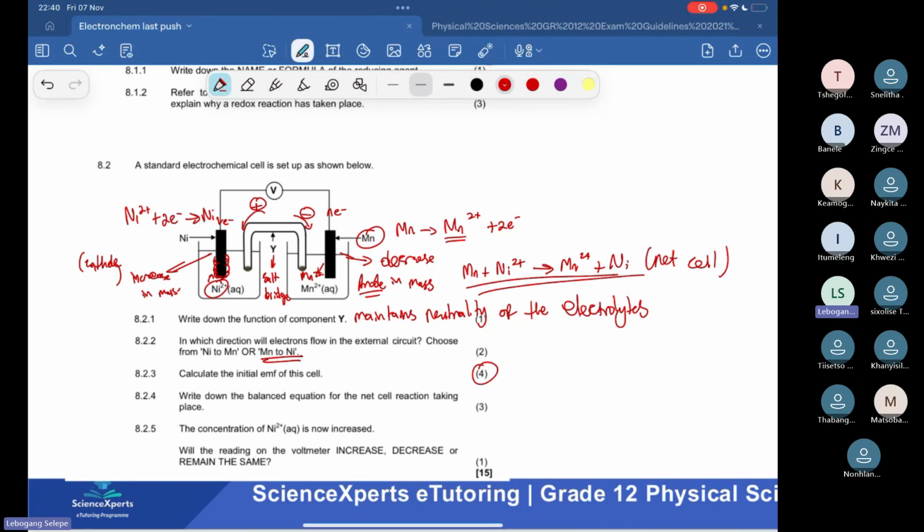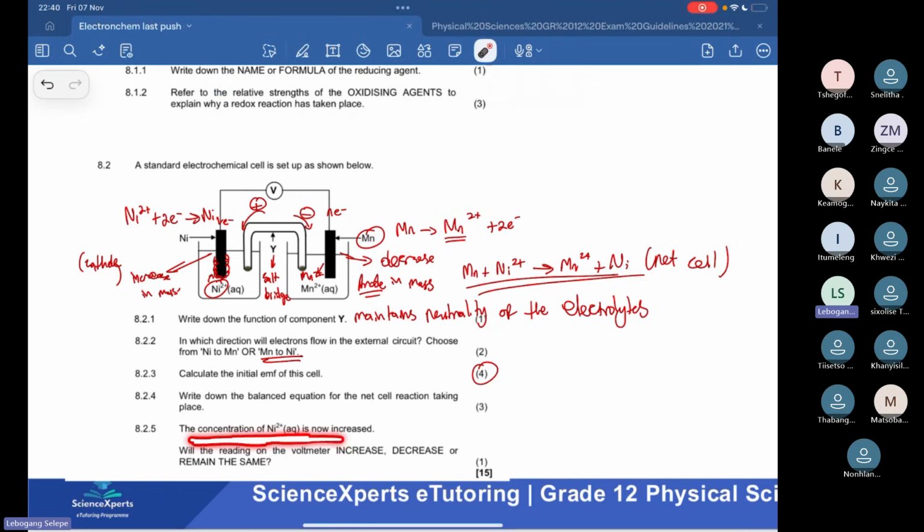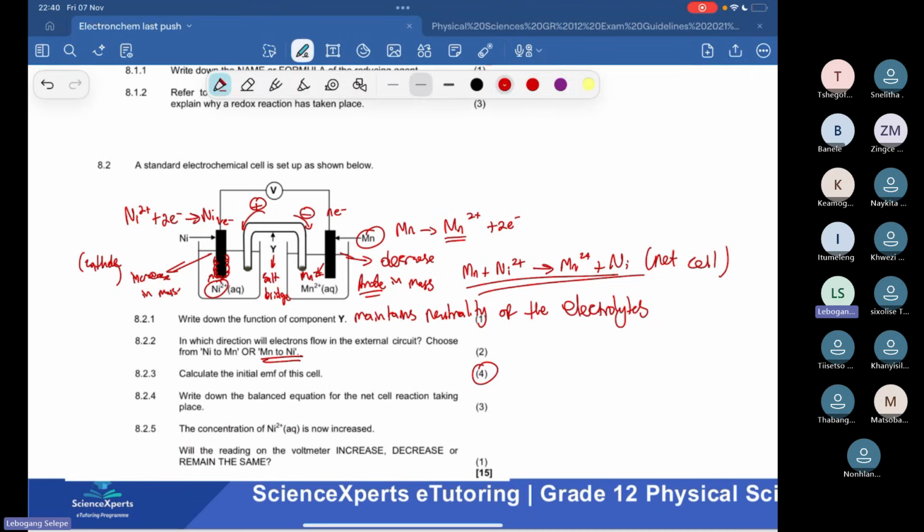Now, the concentration of Ni2+, look, they increased the concentration of Ni2+. Which reaction will it favor? According to chemical equilibrium, if I increase a reactant, will I favor the forward or the reverse reaction, guys?